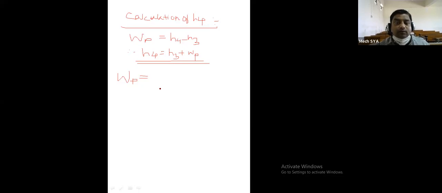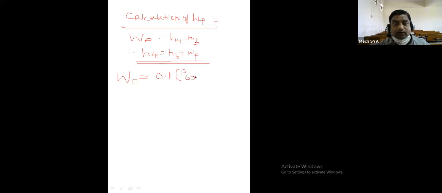Okay, and therefore this equation will become 0.1. The formula everybody has to remember: 0.1 into boiler pressure in bar.